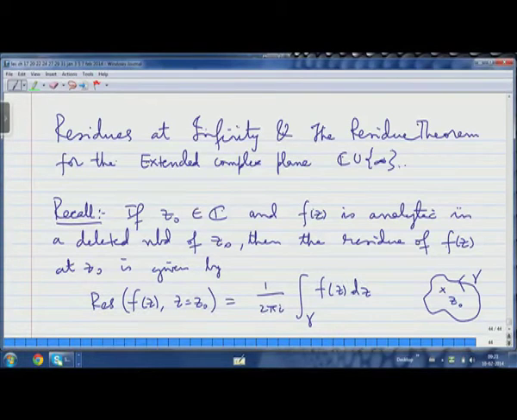So this is the residue, and I was just wondering whether the factor 1 by 2 pi i is correct. It is. For example, if I take the function f of z to be 1 by z minus z naught and integrate it over a sufficiently small simple closed contour, then I am going to get 2 pi i, so the residue is 1.